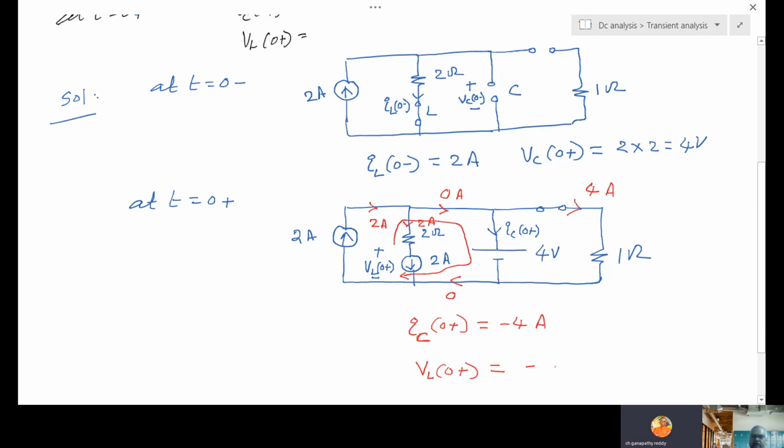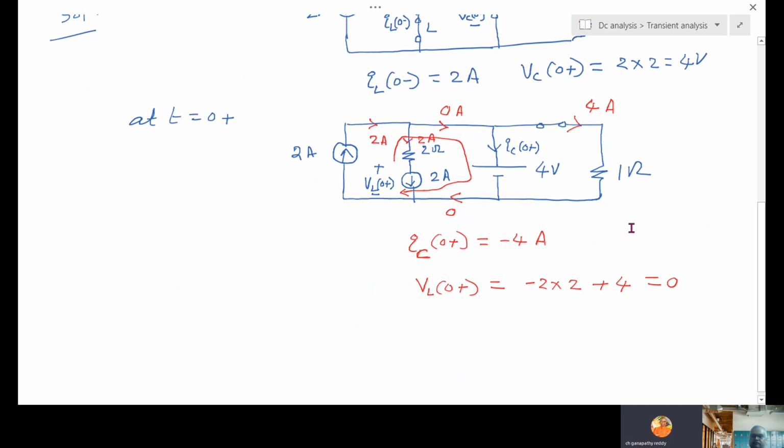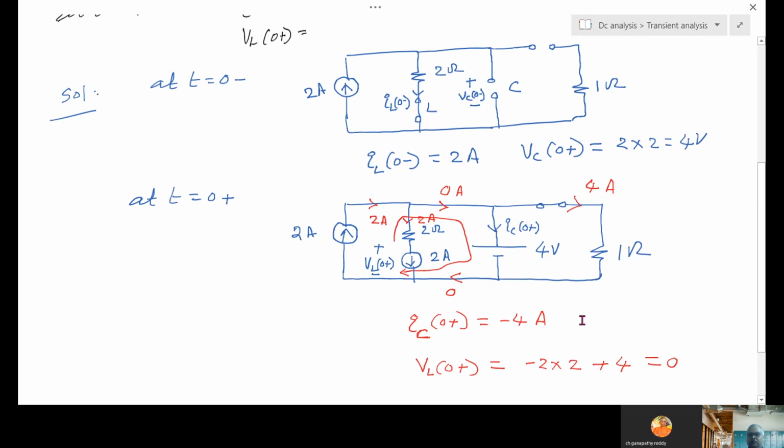So minus 2 into 2, here plus 4. So this answer is 0. So VL0 plus 0, IC0 plus minus 4. Like this we can answer. The DC analysis concepts, so if you are confident, these resistive networks we can analyze.